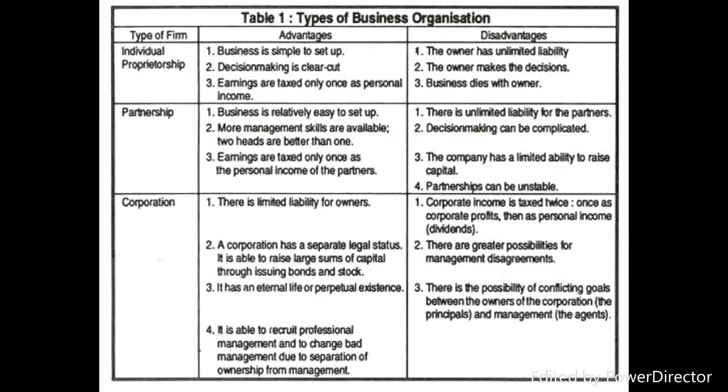A sole proprietor and a general partner in a partnership face the danger of unlimited liability. That is, business creditors can file claims against the assets of the business and the personal assets of the proprietor or general partner. The state corporate law protects the personal assets of shareholders.